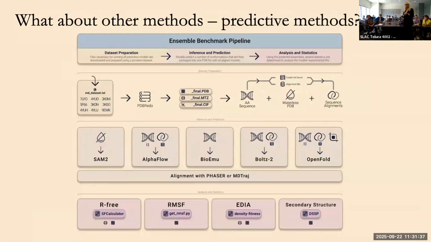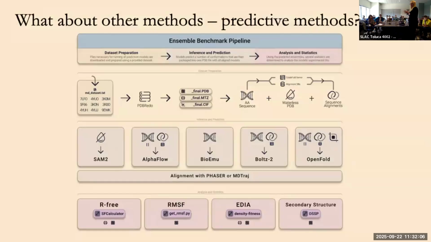And so what we did is we took 5 existing ensemble prediction methods, and then we also benchmarked against 2 more static ones, well, OpenFold is definitely static prediction, and Boltz you can kind of decide if you're using MD or X-ray, and then say exactly how this is actually fitting to a lot of the experimental data, looking at real space.